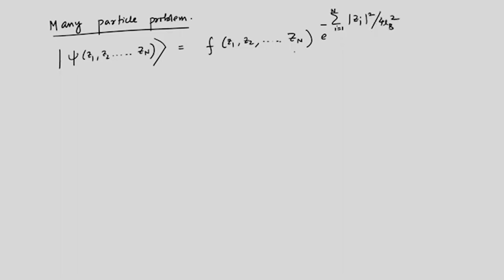So, in the exponent you will have a sum of these |z1| square plus |z2| square plus |z3| square all the way up till |zn| square.